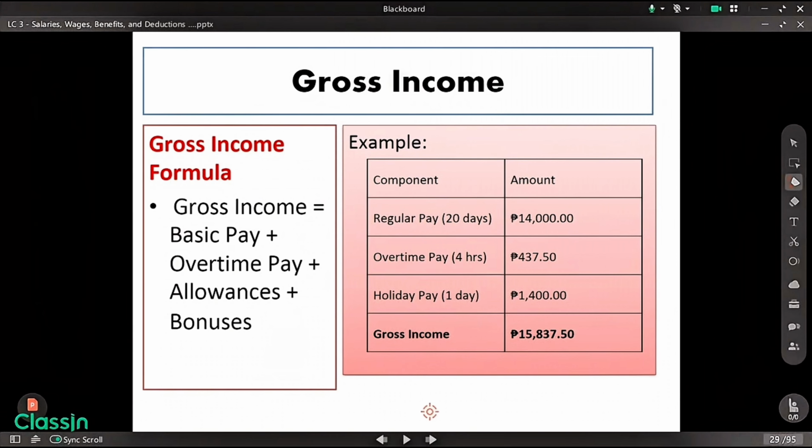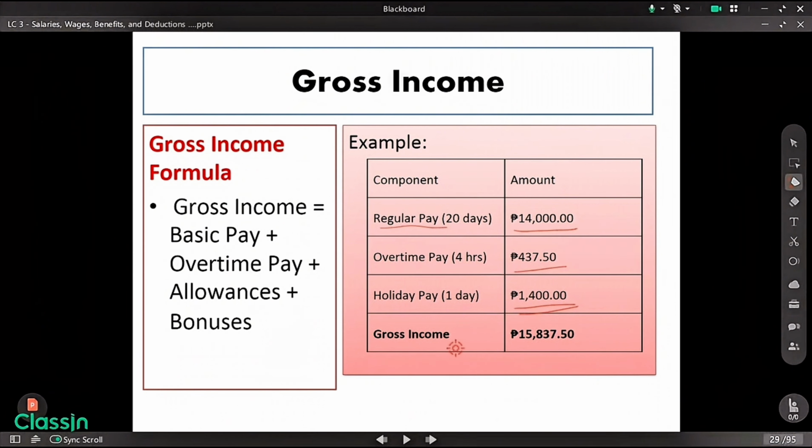So let's have here an example. Let's say that you have a regular pay for your 20 days, which is 14,000 pesos, and you have an overtime pay for 4 hours of 437.50 pesos. And for the holiday pay, which is 1 day, let's say that you have 1,400.